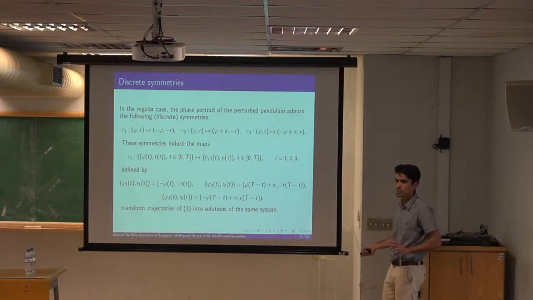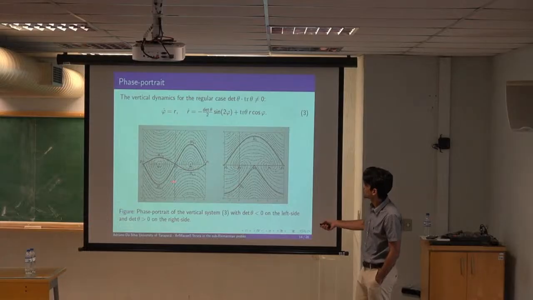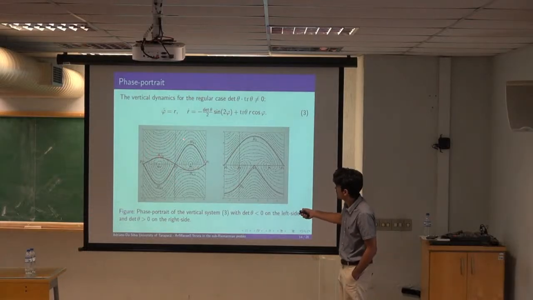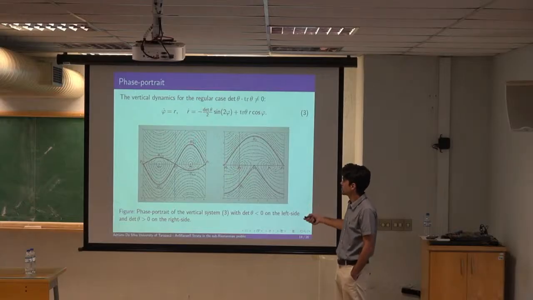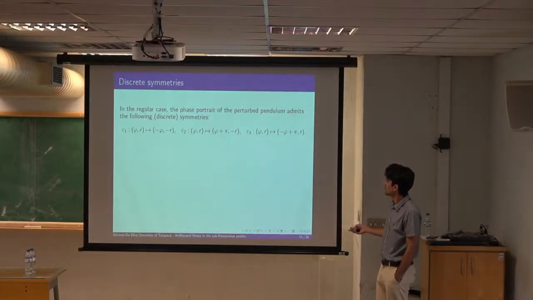So you induce the solutions, and what it does is what I commented here. This solution is taken to this solution by the first symmetry. This solution that goes through this one is taken by E3 and so on, and this one that goes here and here by E2.